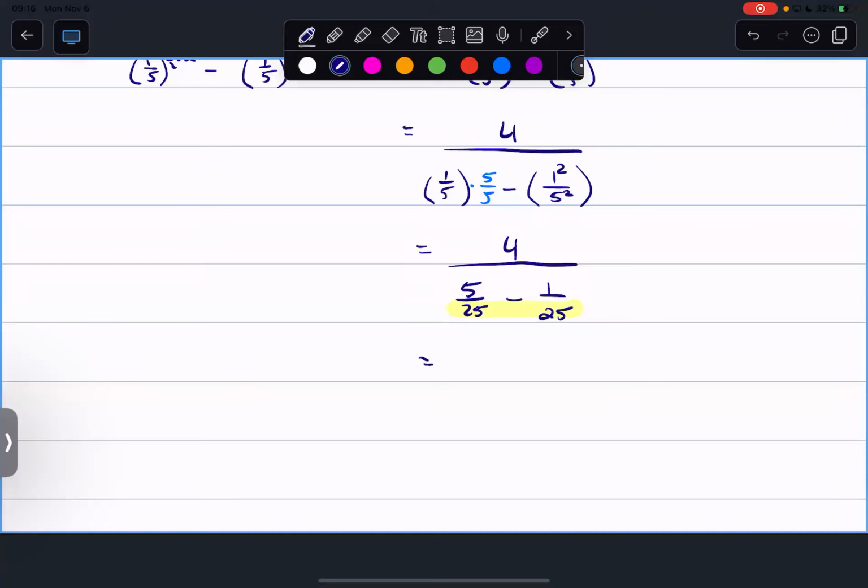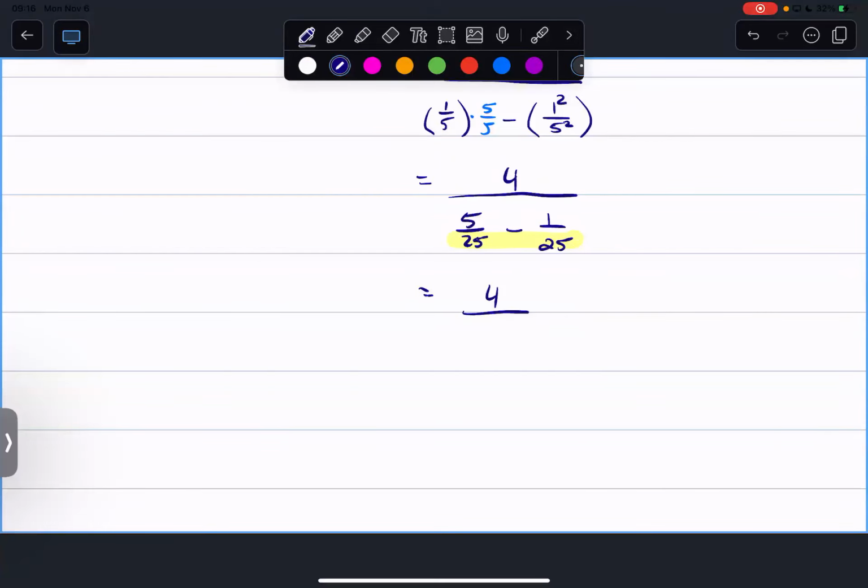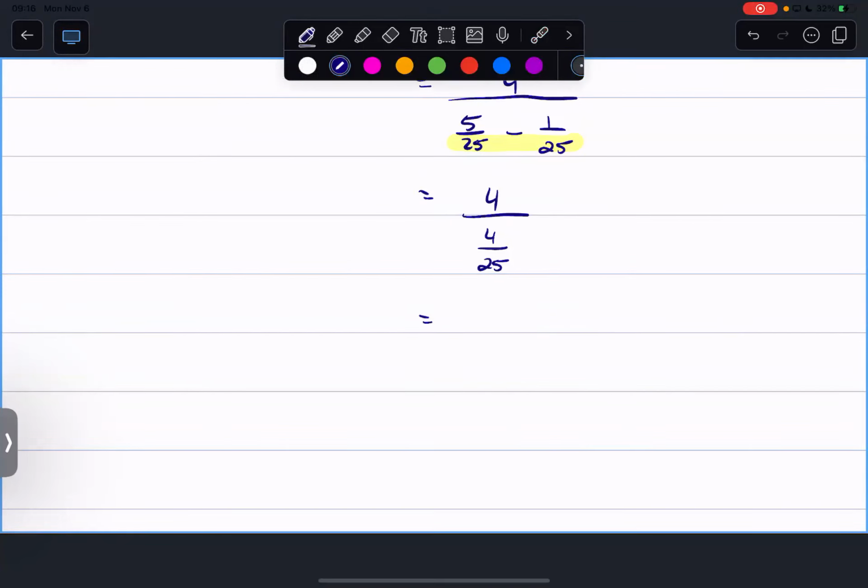And we're so close. 4 divided by 4 over 25. But this is a fraction over a fraction, right? 4 is really 4 over 1. I like to write the over 1 just to emphasize that it is just a fraction, and you can write any number as a fraction. Then 4 over 25, you have to flip and multiply.